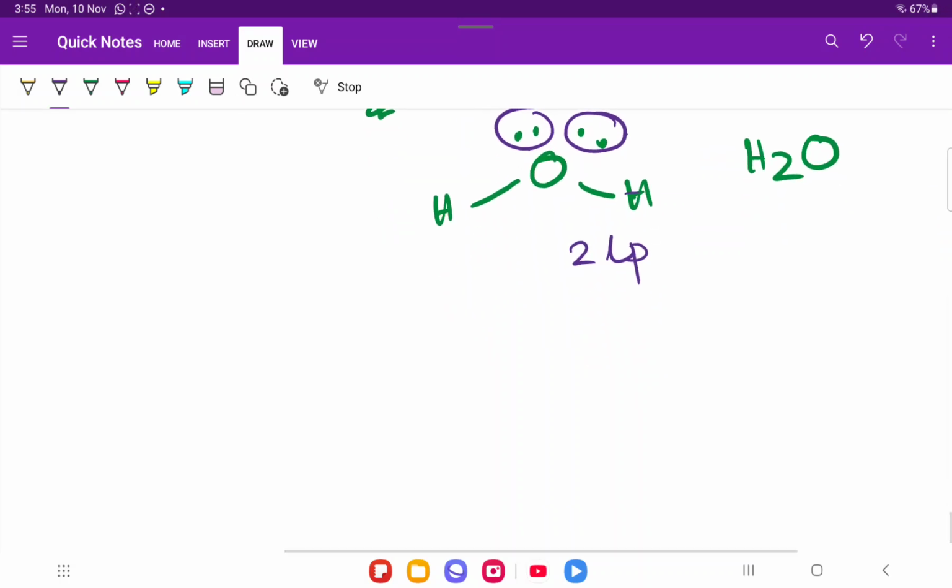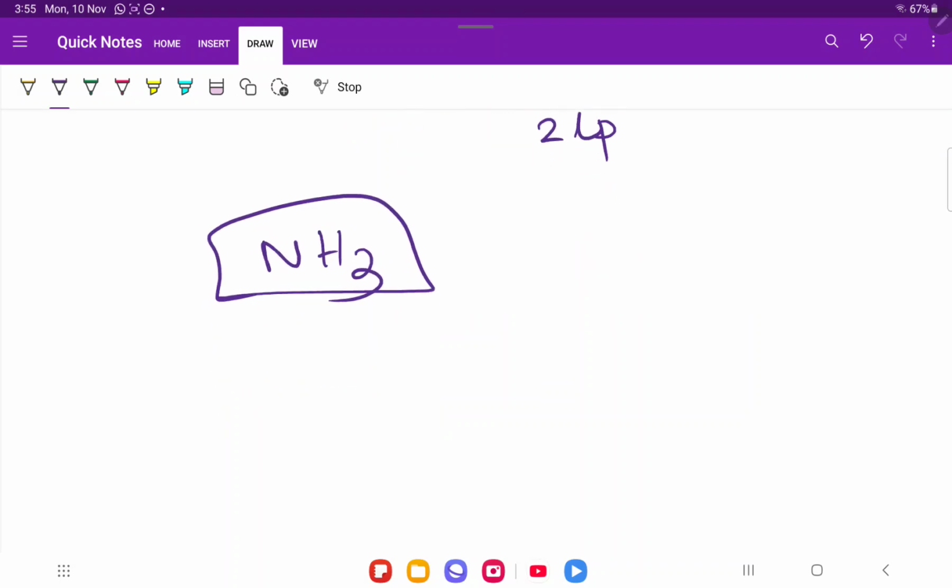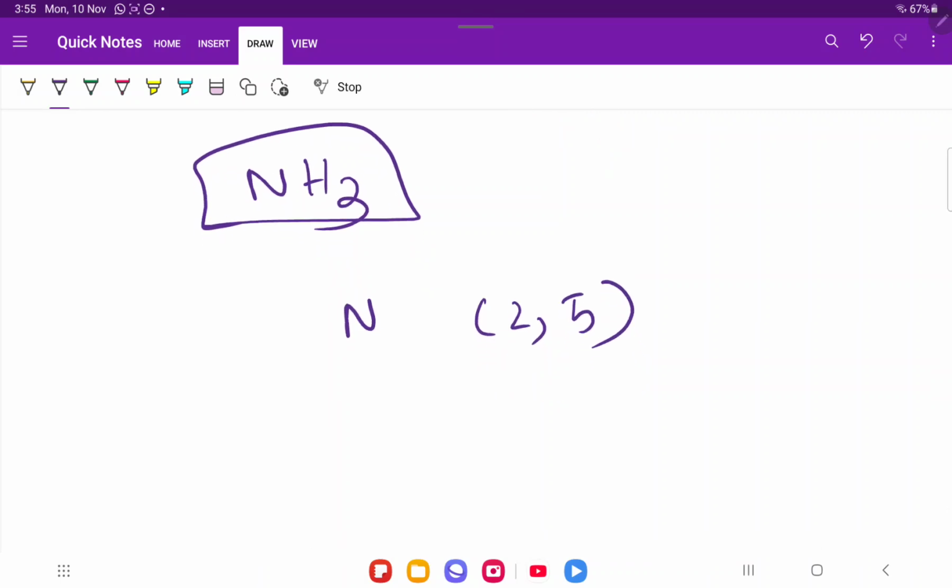Now we'll see the formation of ammonia. What is the formula of ammonia? This is NH3, right? So in the nitrogen molecule formation, we understood that nitrogen's configuration is 2 5, basically 7 electrons, and nitrogen needs 3 electrons, right? And another thing we understood is that hydrogen can provide only 1 electron.